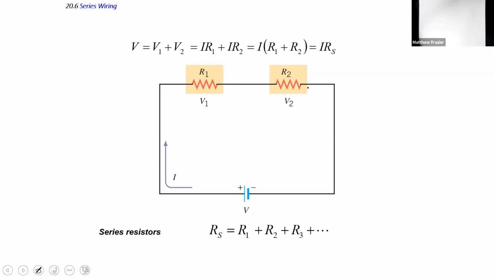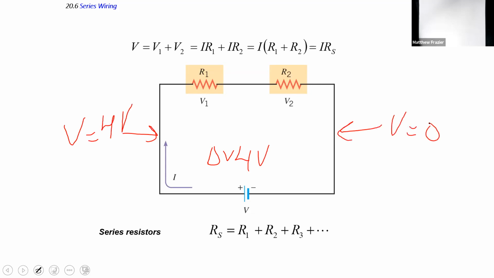So we can identify the potential across all of the components. Say this is a 4-volt battery that we used in the lab, right? Then this wire here should be at V is 4 volts, if this wire here is at V is 0.